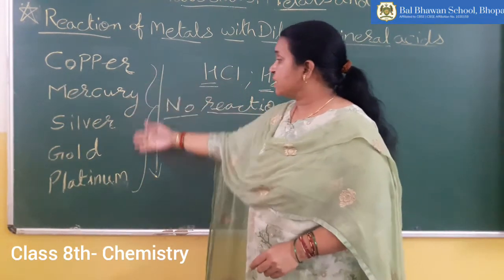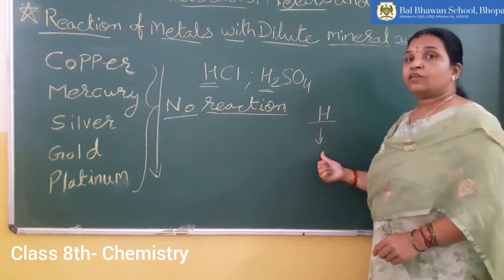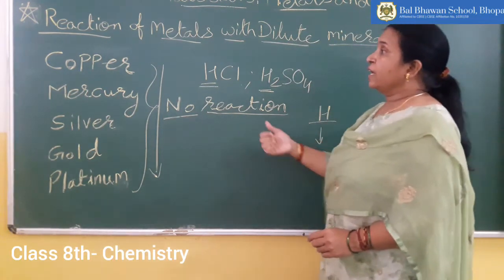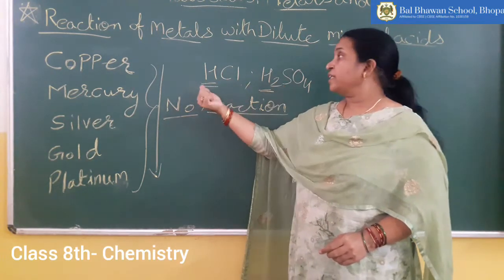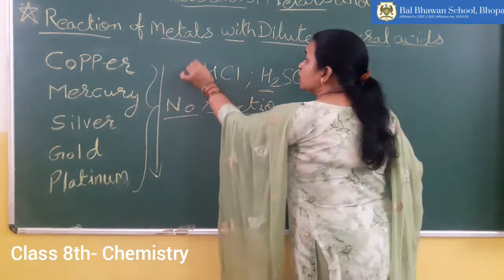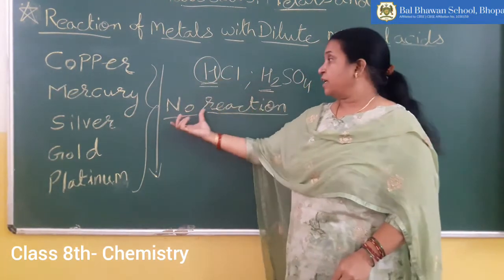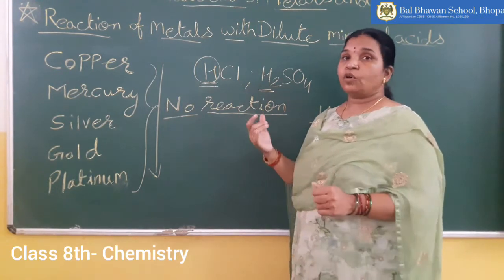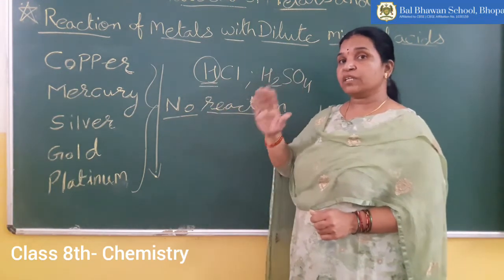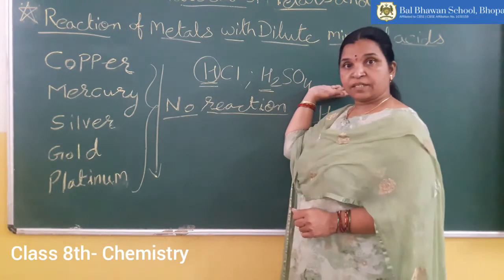And as these are placed below hydrogen, they will not react with the mineral acid and they will not be able to displace hydrogen from the acid, and there will be no reaction. Understood? So, we have discussed metals' reaction with dilute mineral acid.